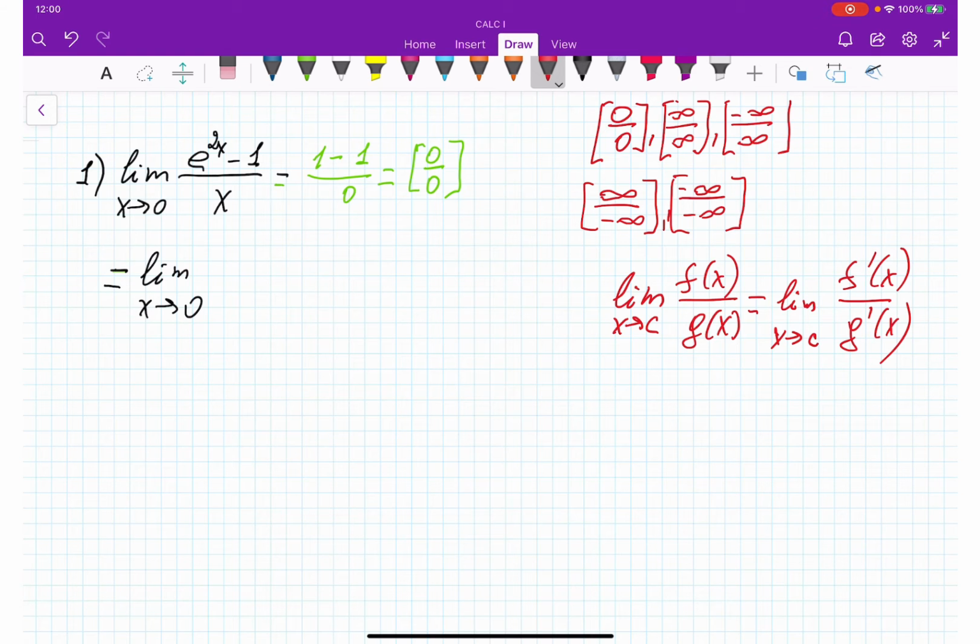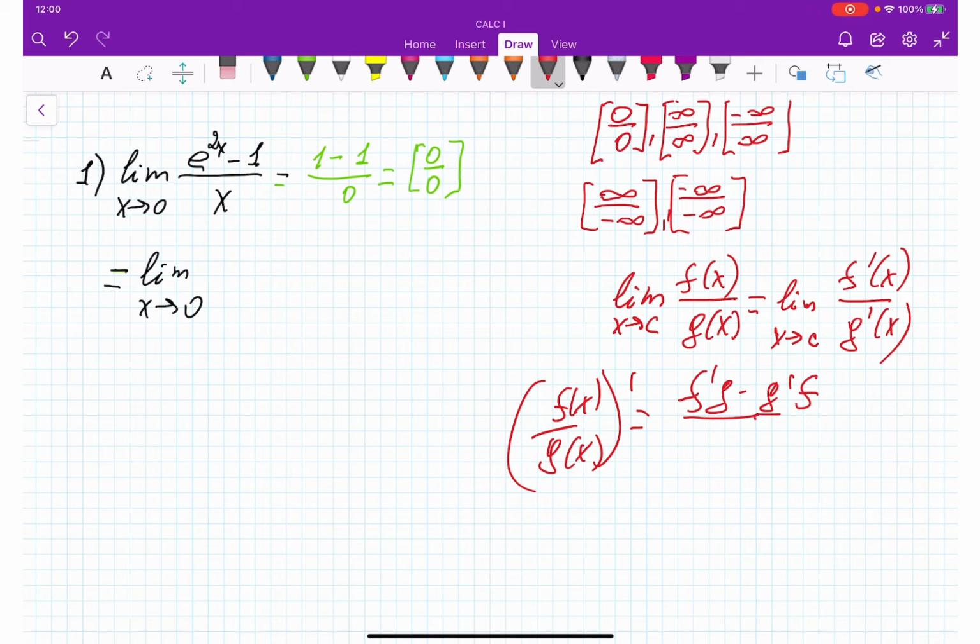So using the quotient rule on f of x over g of x, which would be f prime g minus g prime f divided by g squared, you cannot apply, this is not L'Hopital's rule. L'Hopital's rule is separating the numerator and the denominator, and taking a separate derivative of the numerator and derivative of the denominator.